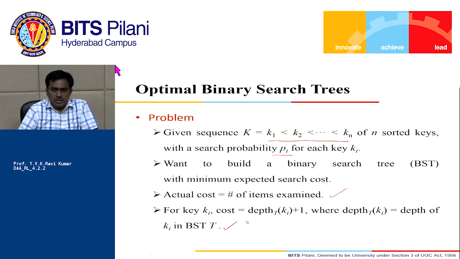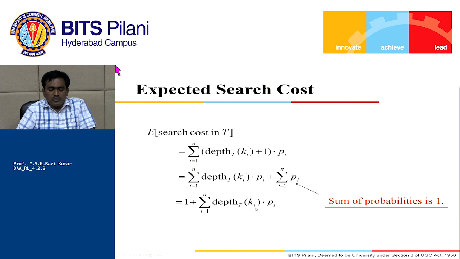So this is the problem we are going to discuss. Before going to the procedure to find the optimal binary search tree, we'll see how to find the expected search cost.